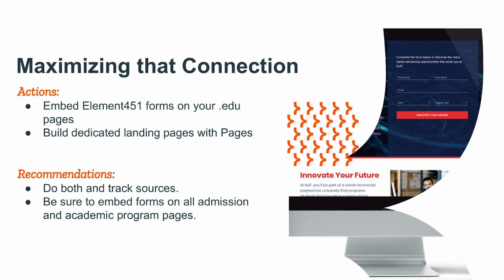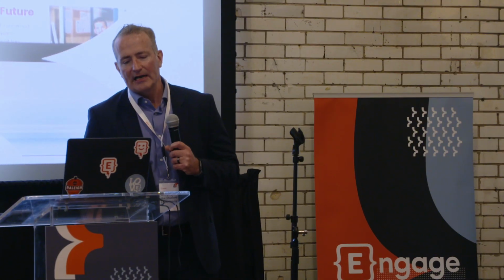If you're doing, let's say, specialized marketing campaigns and you don't want your web group involved, you don't want your IT group involved, or they're too busy, the Element page builder is fantastic for helping build pages there. So definitely do both. Track the sources.